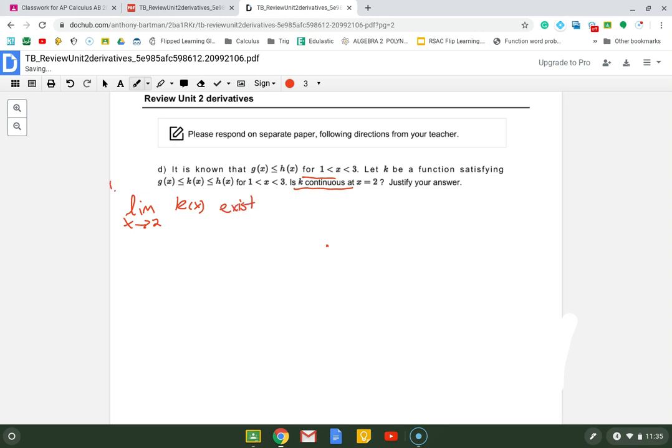Two, the limit as x approaches 2 from the left of k of x has to equal the limit as x approaches 2 from the right of k of x.